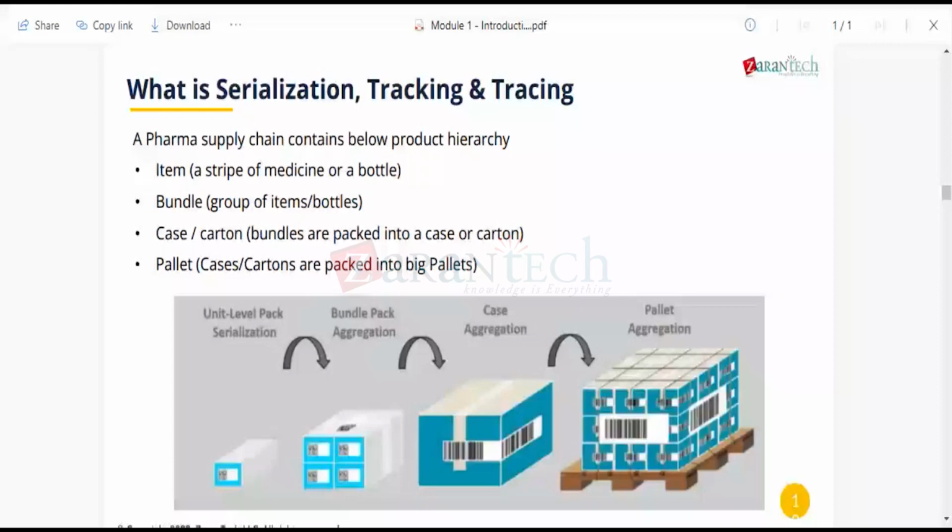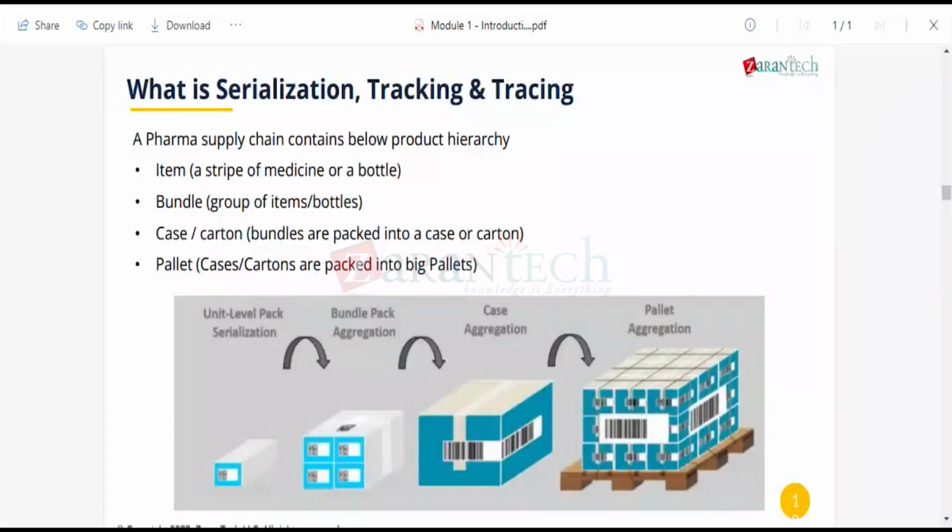Coming to this slide: what is serialization, tracking, and tracing? Here I have shown one picture. In pharma, we have a hierarchy. There is an item, then a group of items known as a bundle. These bundles are packed into one case or carton, and then all these cartons are packed into a pallet.